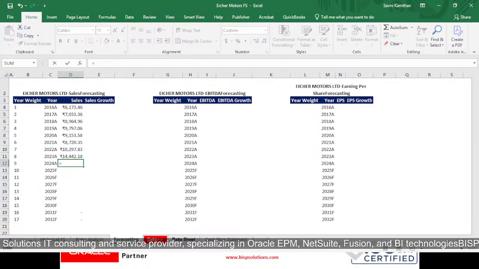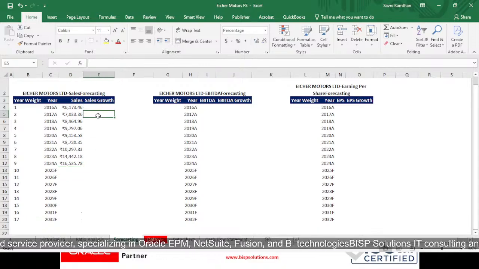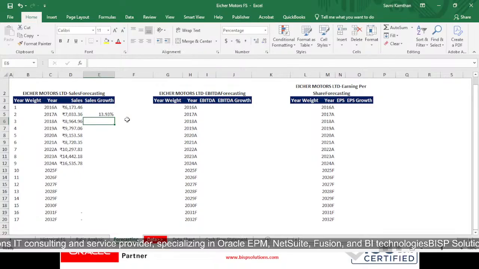And equals to 2024. This much data we were having, right? Now if I want to calculate my sales growth for 2016, I don't have any data before 2016. So what I will be doing, I will be dividing my 2017's actual data with my 2016's actual data, minus 1, so that I will be getting my sales growth, right?